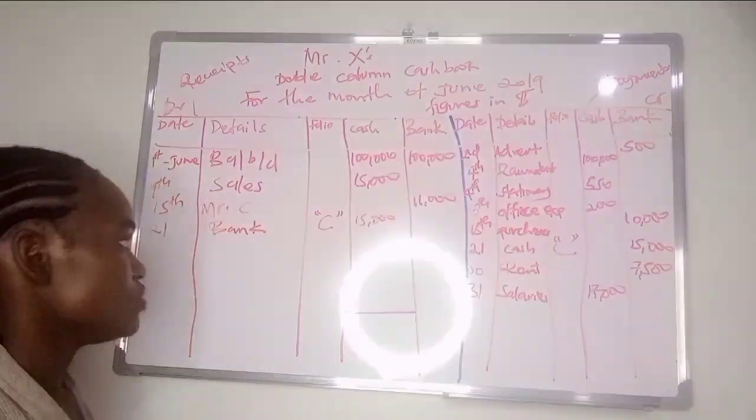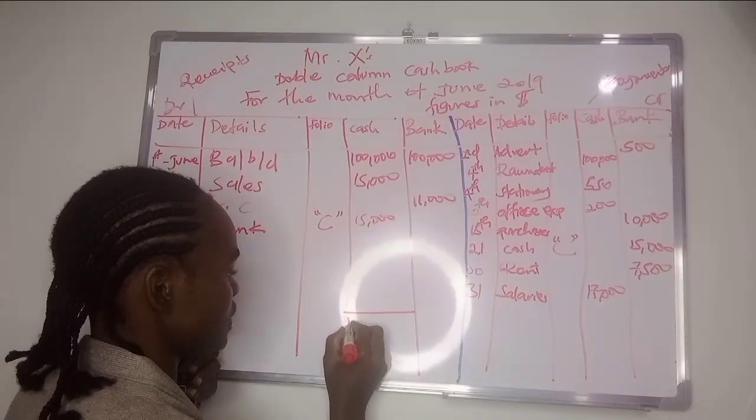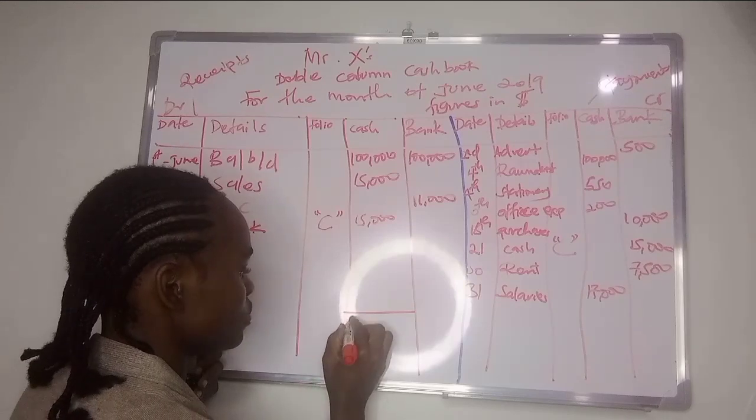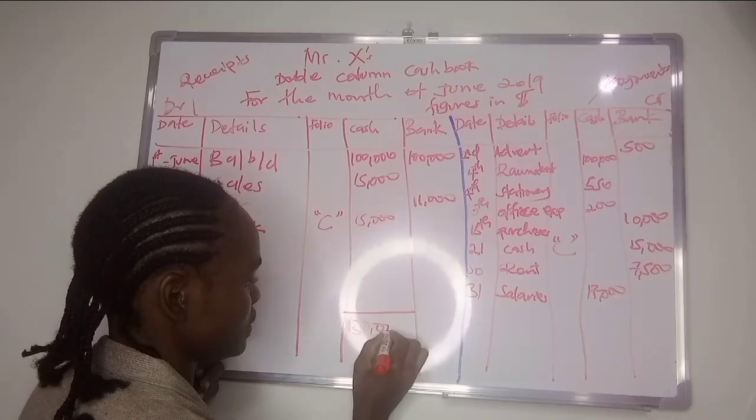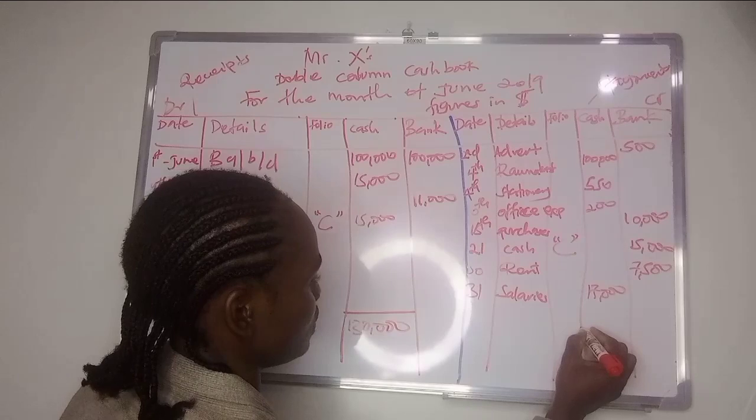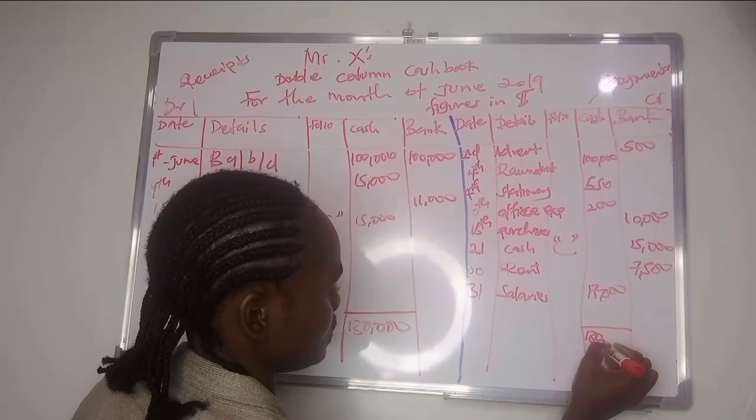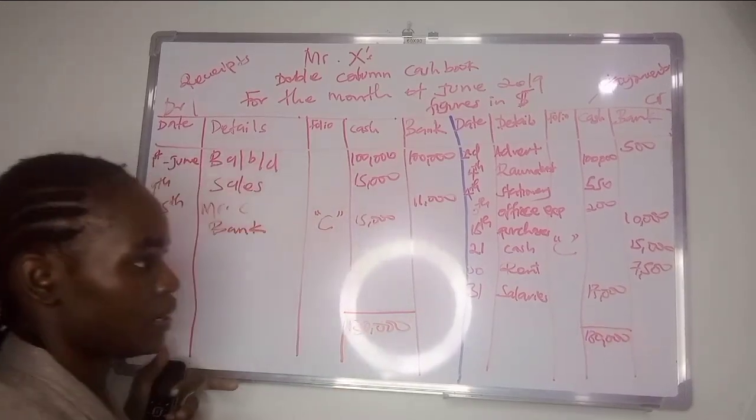So what we're going to do, we put the 130, the greater amount, on both sides, 130. Then even here, 130. Like that.